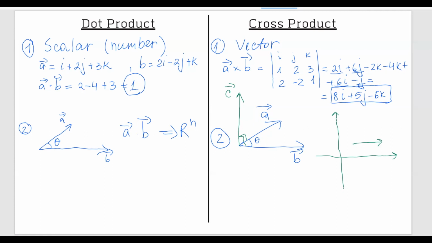Let's say this is vector A and then another vector B. And this is the only case when you're going to get vector C perpendicular to both A and B.